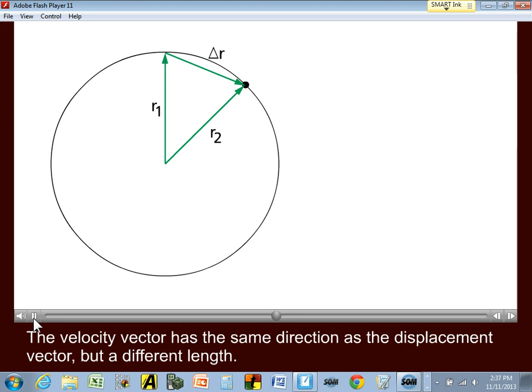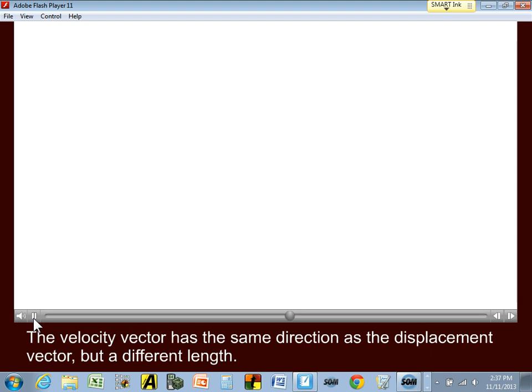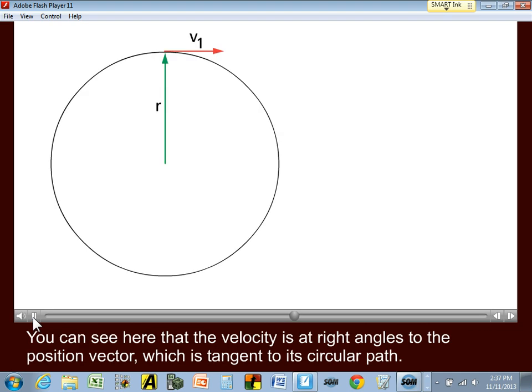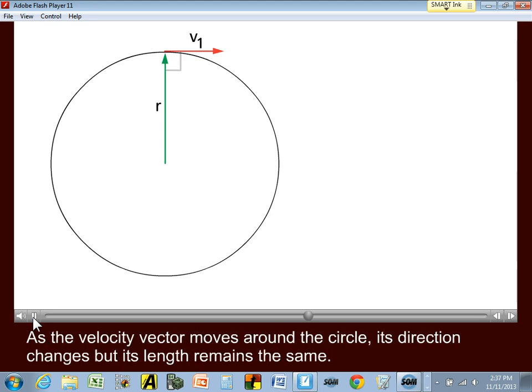The velocity vector has the same direction as the displacement, but a different length. You can see here that the velocity is at right angles to the position vector, which is tangent to its circular path. As the velocity vector moves around the circle, its direction changes, but its length remains the same.